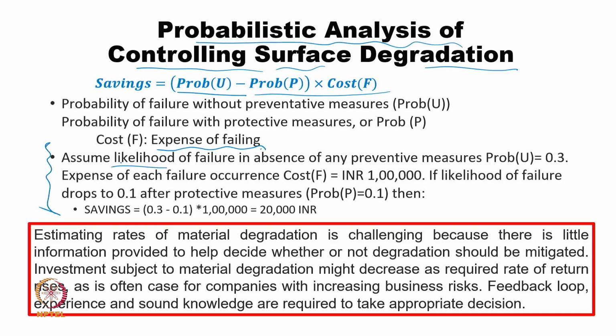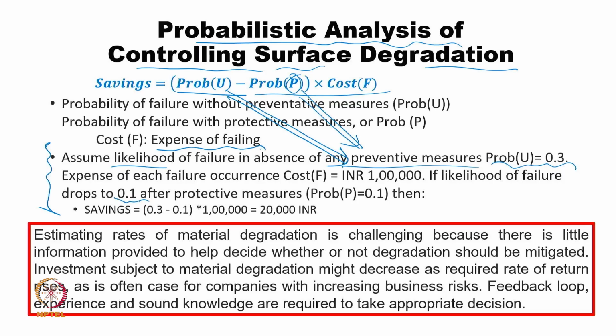We assume the likelihood of failure, the probability of failure in the absence of any preventive measures. So, P here is the preventive measure, and this is no preventive measure, or without preventive measures.